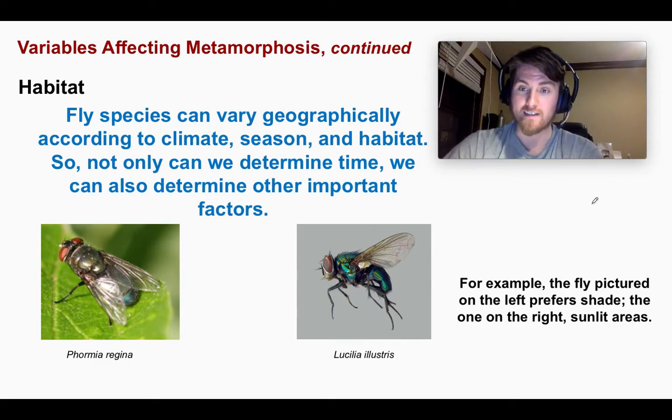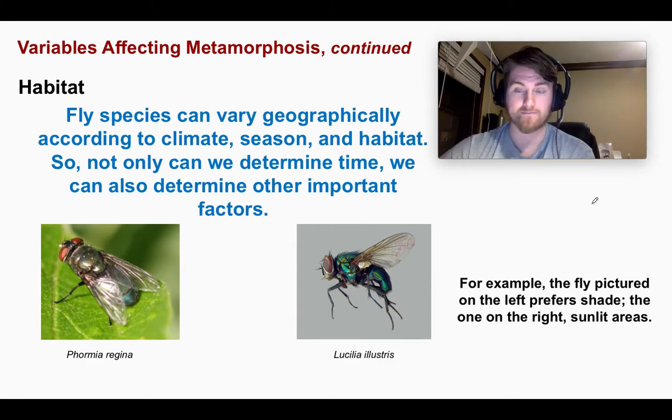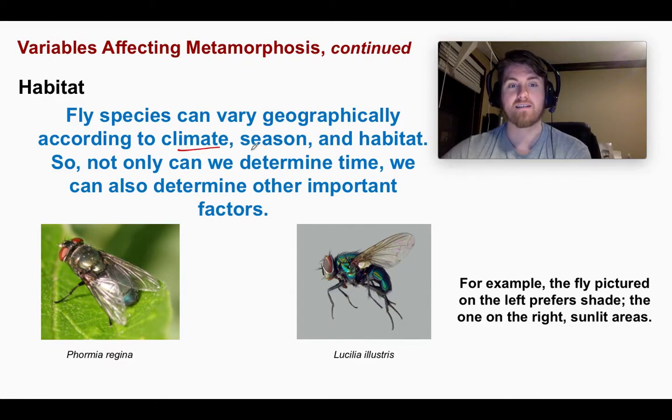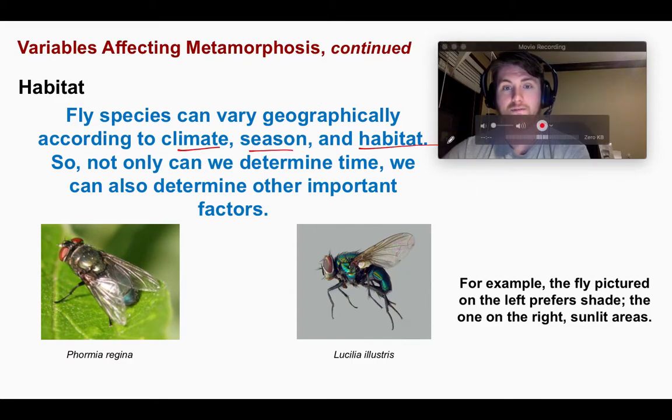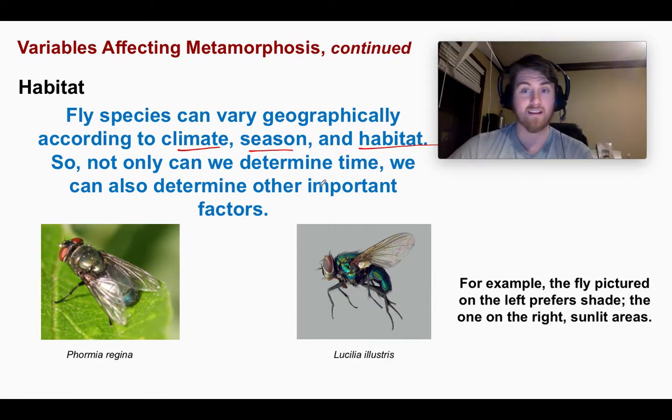Well, much like our Midwest here, different species and different types of insects are going to live in different habitats. So, dependent on the species, you can figure out the climate, the season, the habitat itself. Not only can you determine the time of death, but you can determine lots and lots of things.